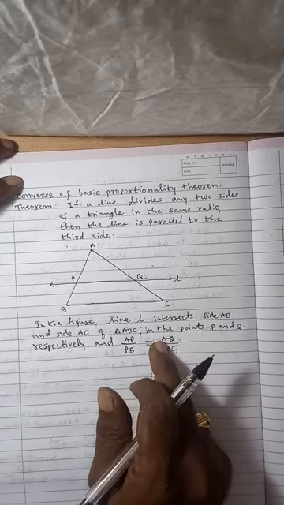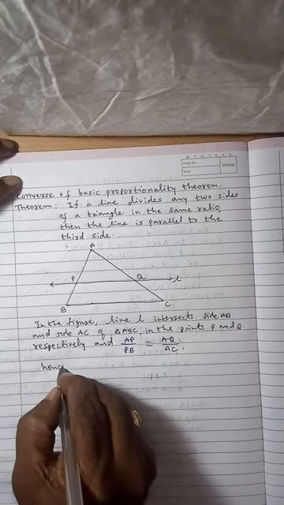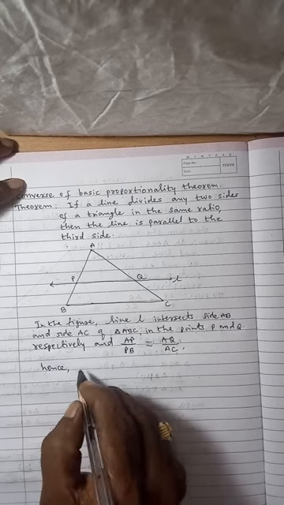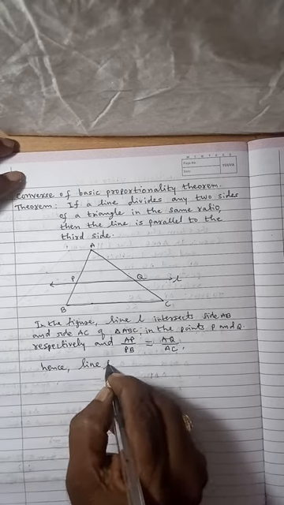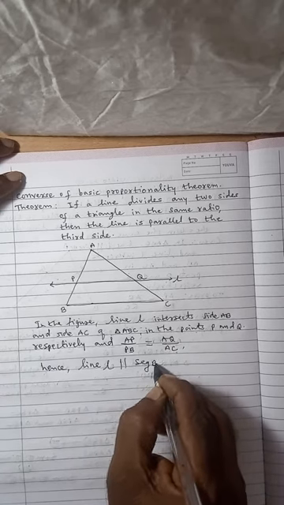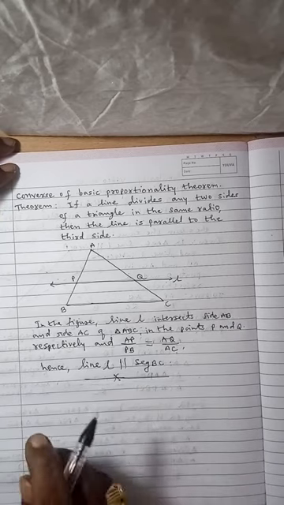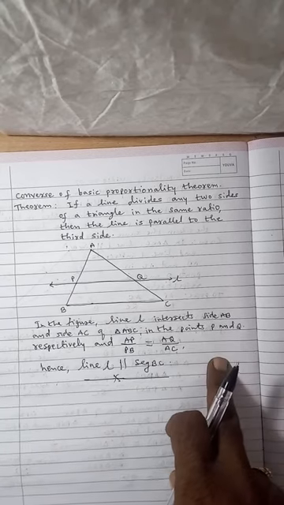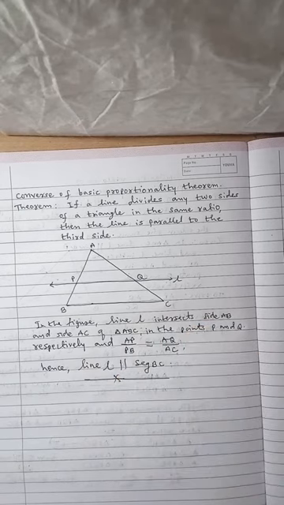If we have this result, then line L is parallel to segment BC. So this is the converse of the basic proportionality theorem, and there is no proof. We just have to learn the statement.